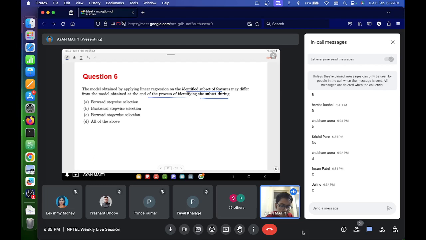Foram Patel and Julia are saying option C, Shubham Arora is saying option D. Purabi Chaudhary is saying option C. Any other answers?